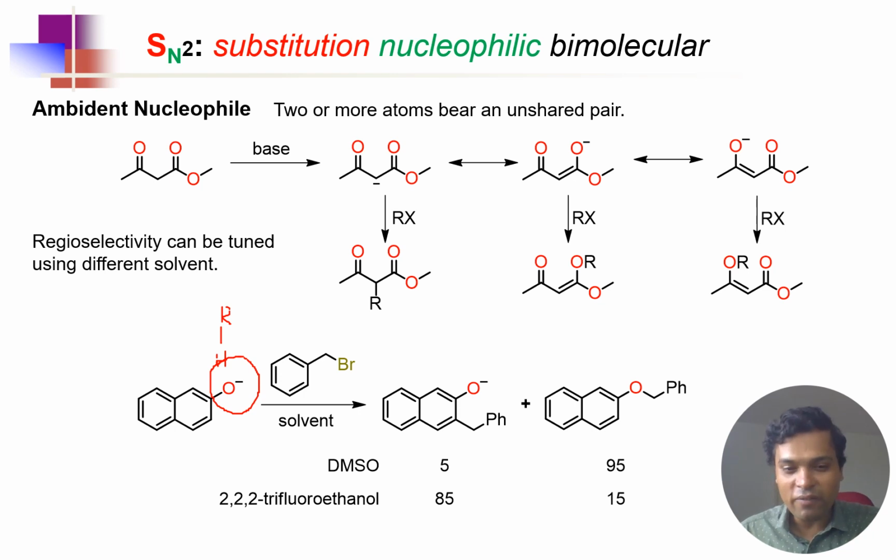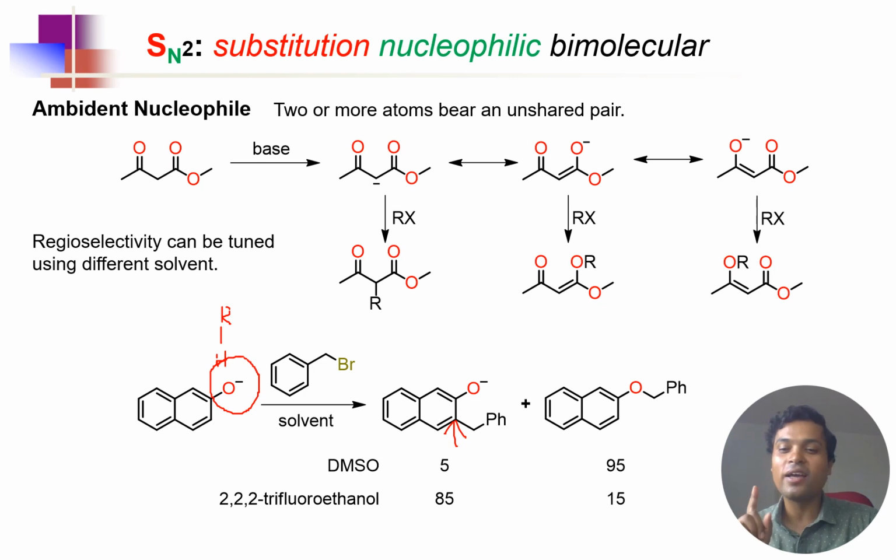The solvent molecules are the crowd between you and the dais. In a polar protic solvent, a huge number of solvent molecules surround the O minus, so it has difficulty reaching the benzyl bromide. Therefore it takes a different path, and that path is through the carbon.